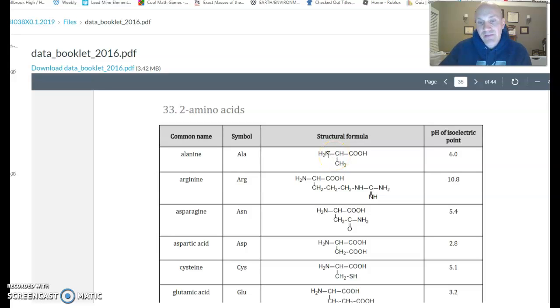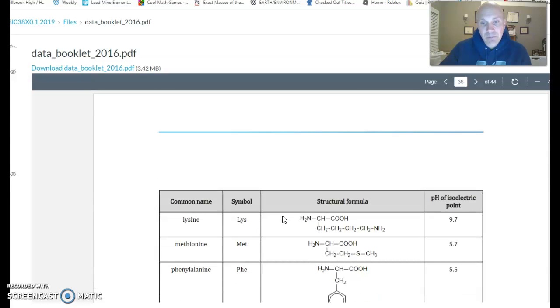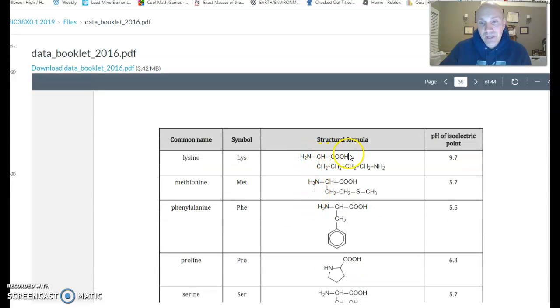The thing that they all have in common is that you have this nitrogen, this amino group right here, bonded to what's called the alpha carbon, and then you've got a carboxylic acid over here. And every single one of these amino acids, there's around 20 some of them, is going to have that same commonality. The thing that makes them different is the what's called the R group that they have.